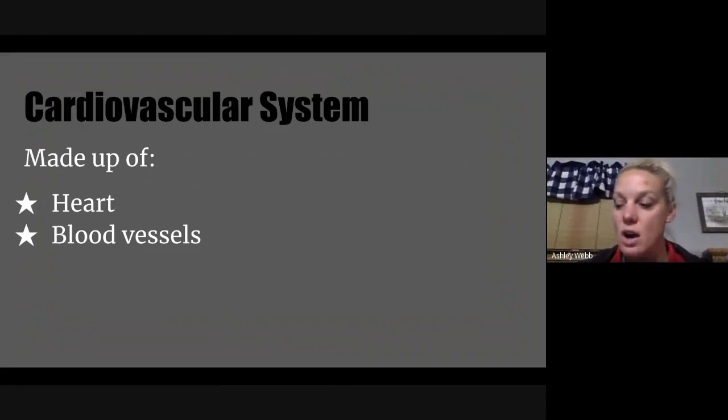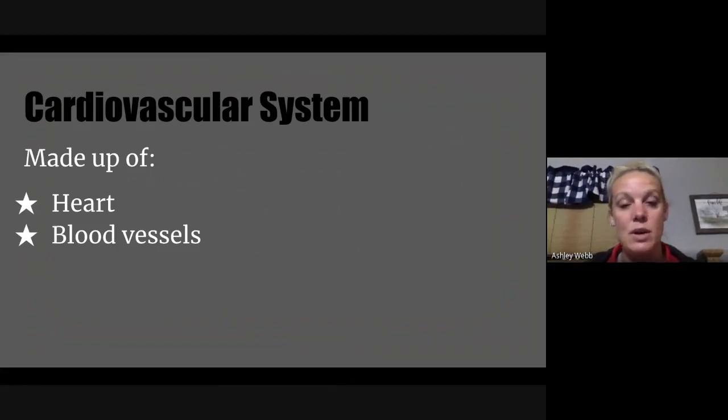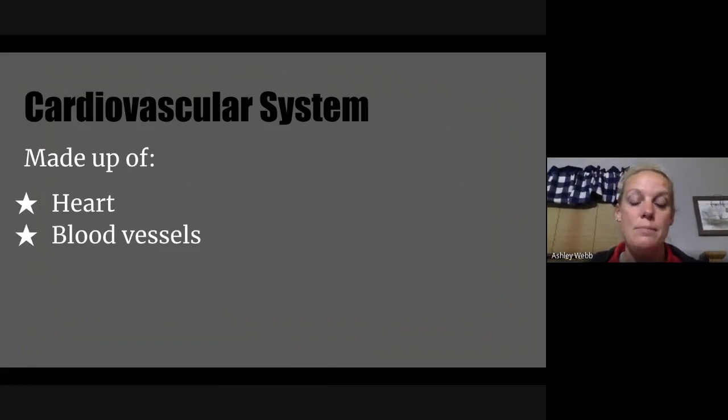We can think of the heart as a powerful muscular pump that works hard all day long. And then blood vessels. We can think of the blood vessels as the fuel lines and transportation network. All of the oxygen, nutrients, and carbon dioxide are passing through the blood vessels.